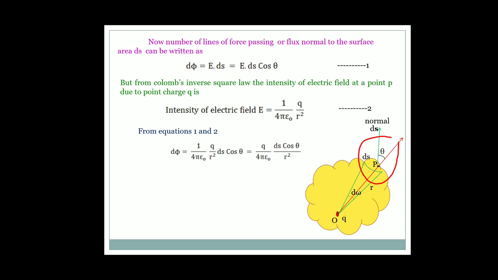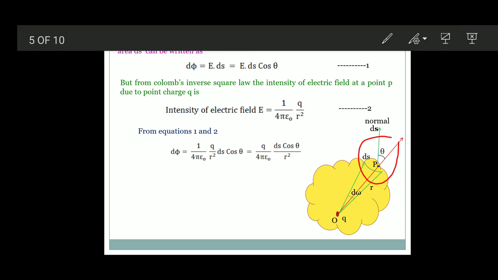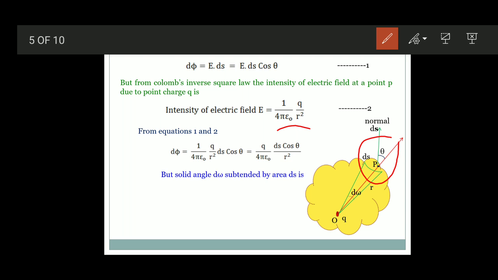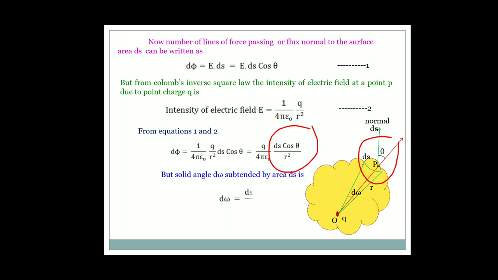Thus, ds cos theta by r square, which I wrote separately, is equal to the solid angle d omega subtended by area ds at the center O. So d omega is equal to ds cos theta by r square. At intermediate level we studied two angles: one is a plane angle, the second is a solid angle.